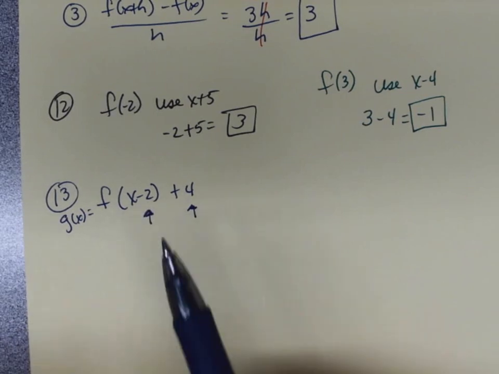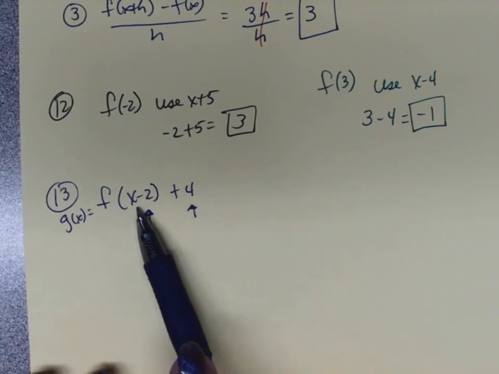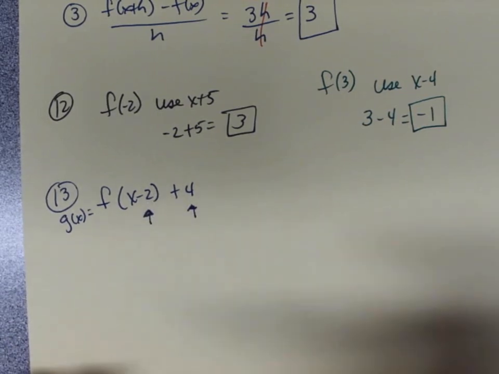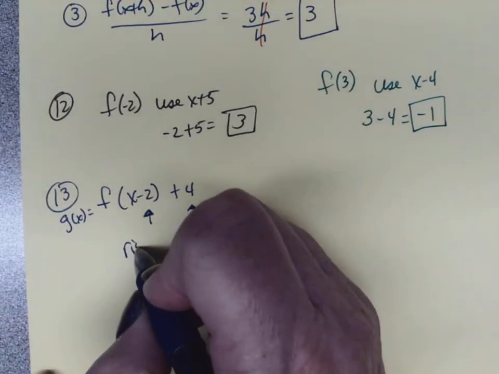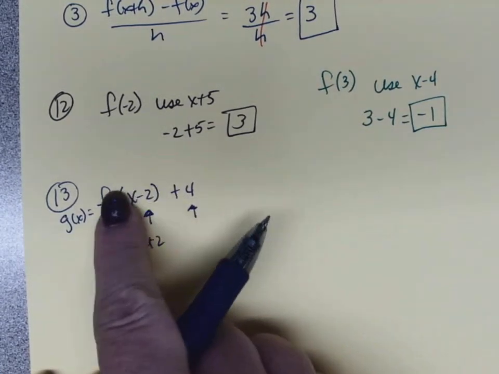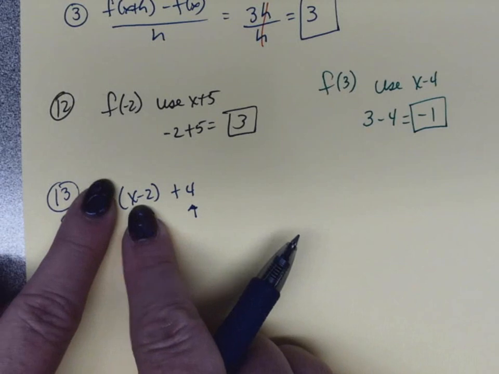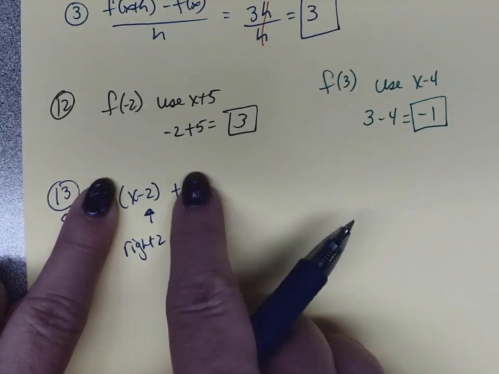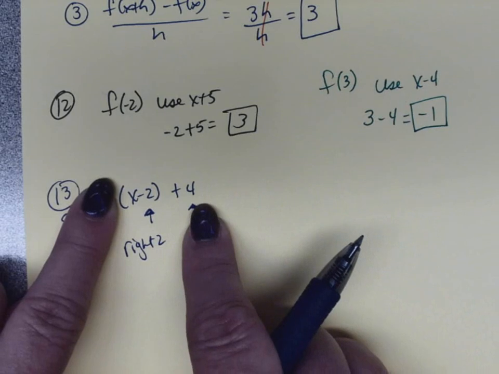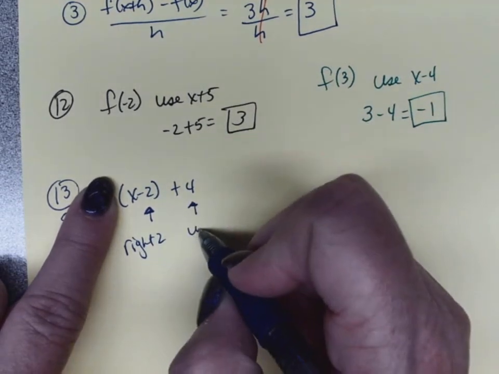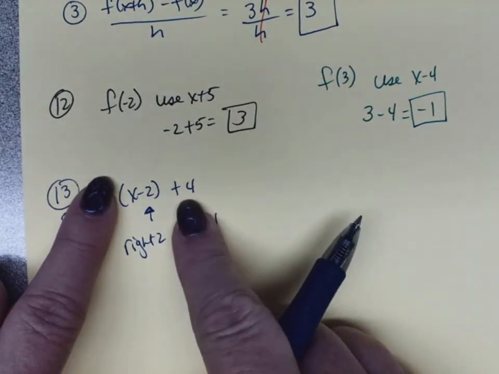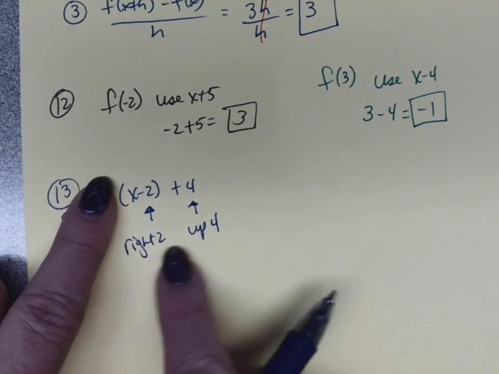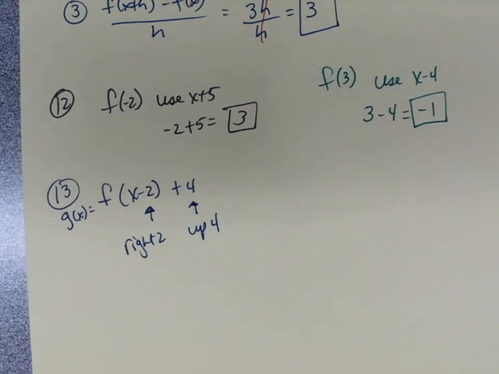But when we did this in class, we found that it actually goes to the right 2. So the inside of the graph is going to do left and right, and this goes up and down. It's positive 4, so it's going to go up 4. If it was negative 4, it would go down 4. So those are the two words you're looking for.